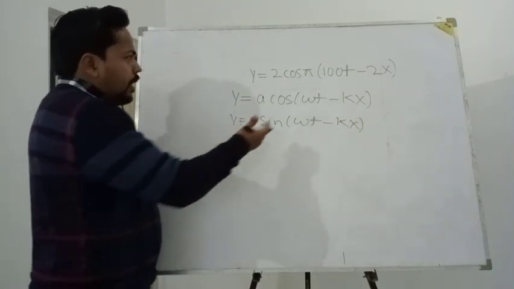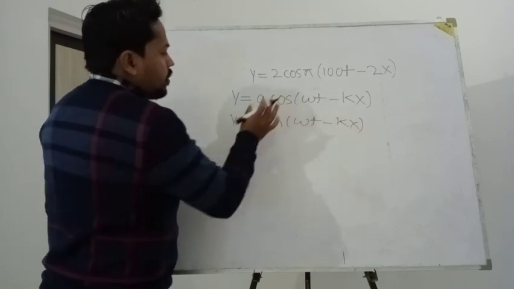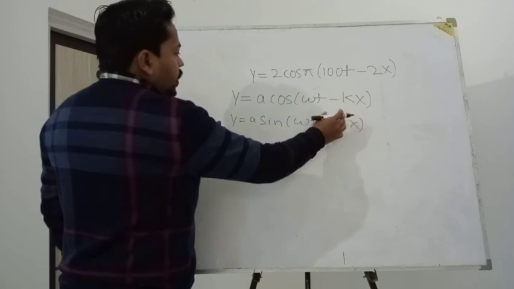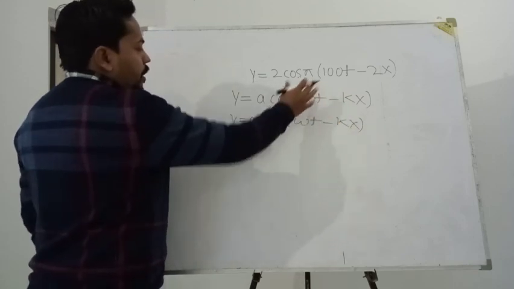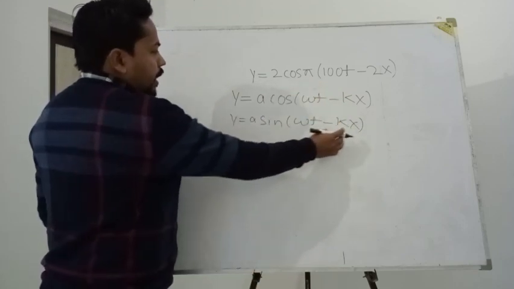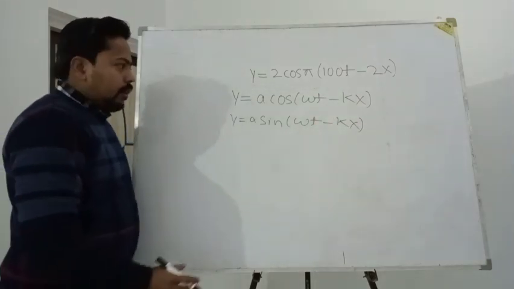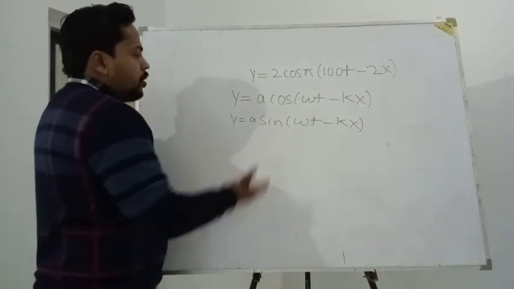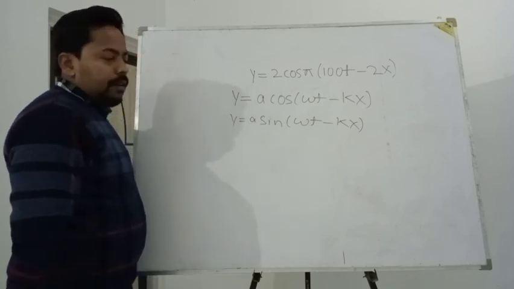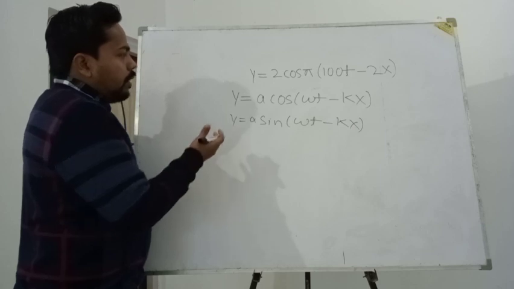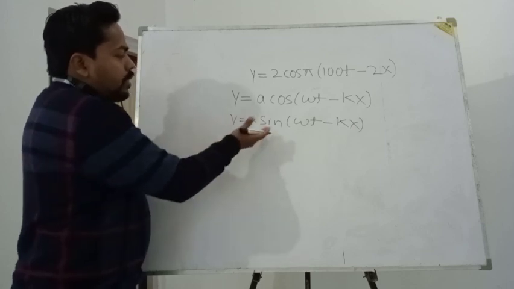But sometimes we can write kx before omega t, in the form kx minus omega t in the bracket. This expression is also true for a traveling wave.